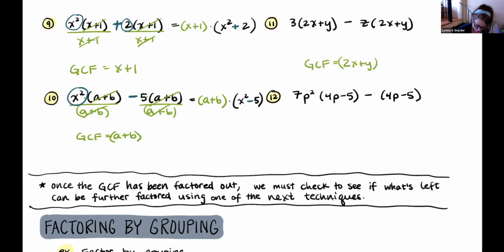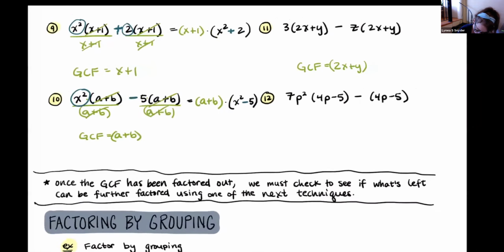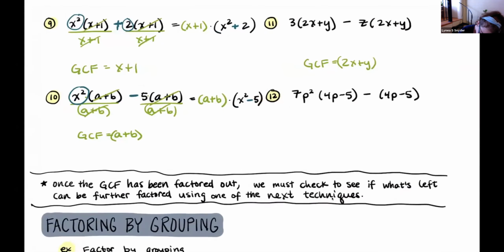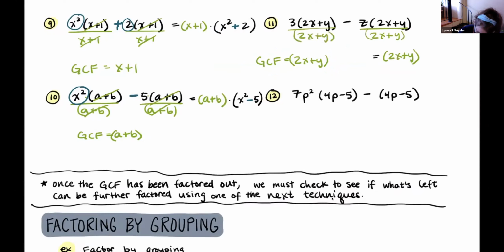Okay, so let's see what we've got left when we take out the 2x plus y. Let me just move this over here. So this will be, all right, so we're going to take out the 2x plus y. So we're dividing both terms by 2x plus y. Okay, so here we've got 3 times 2x plus y divided by 2x plus y, so it's like we did nothing.